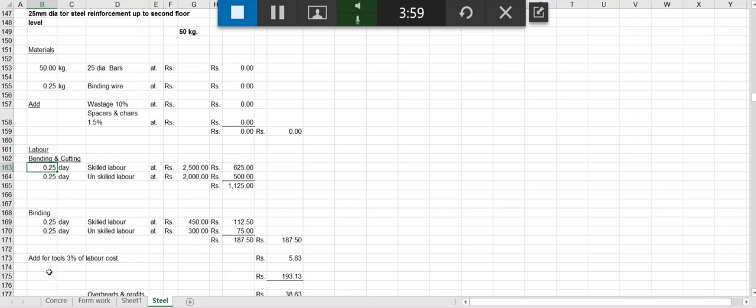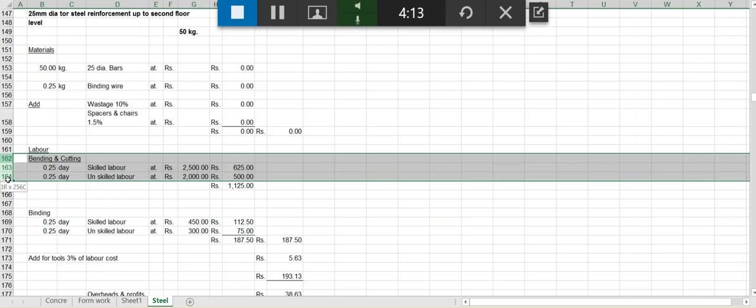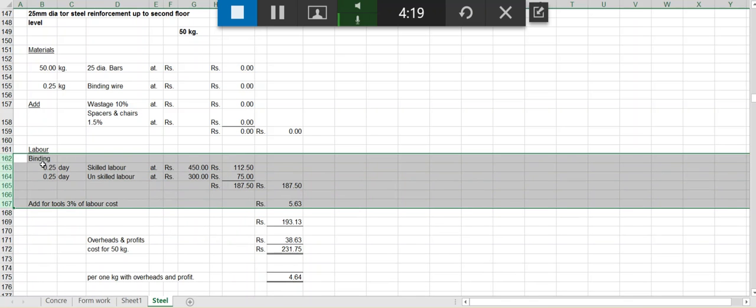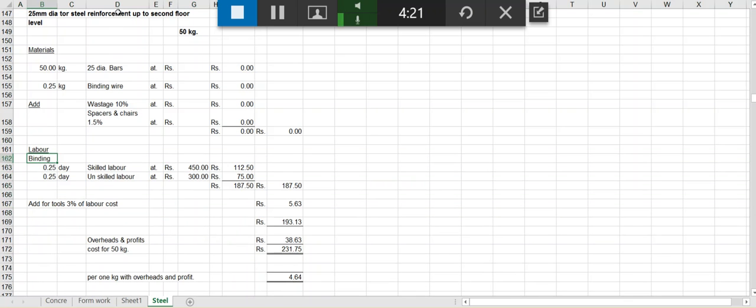No, this is together with bending and cutting as well. There is no requirement for an additional part, because it is included in this scale. Sorry for the disturbance.